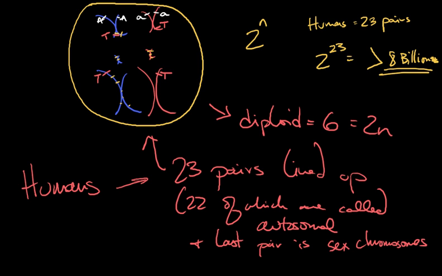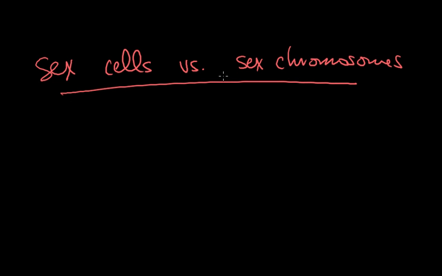So just as one last note, I think it's important that you spend some time learning the difference between sex cells and sex chromosomes, because oftentimes students confuse these, so it might be a good idea to actually compare these, and if you don't know the differences or similarities, then what you need to do is look it up.